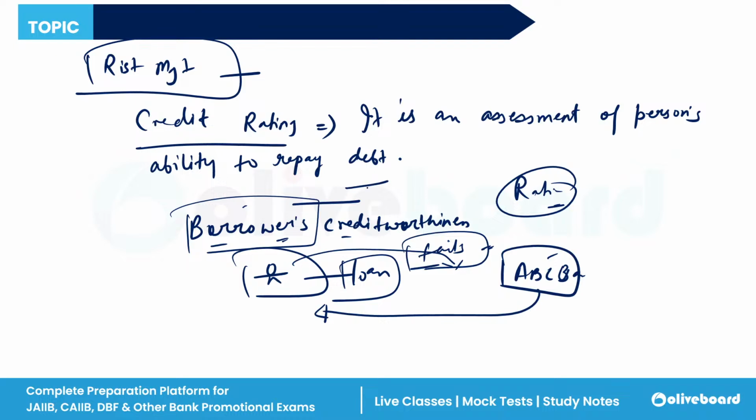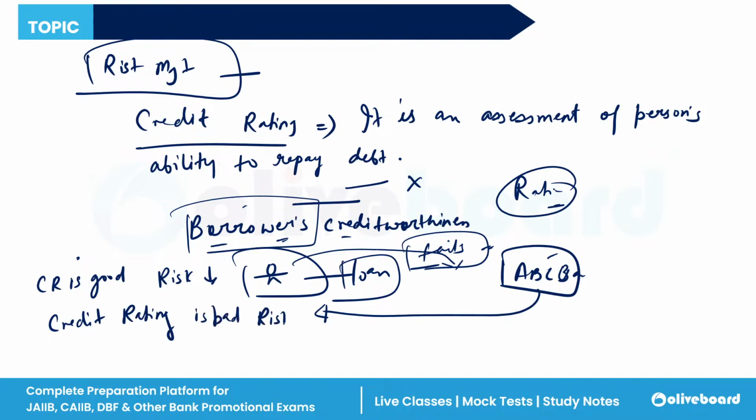That is good credit worthiness. If not, that is bad credit worthiness. So credit rating is what? If credit rating is good, it means that risk is less, and vice versa. If credit rating is bad, it means that there are more chances of risk. The risk is comparatively very high.